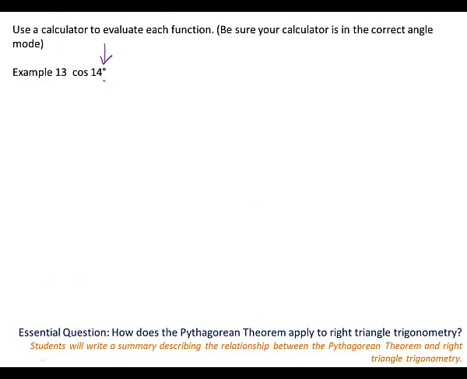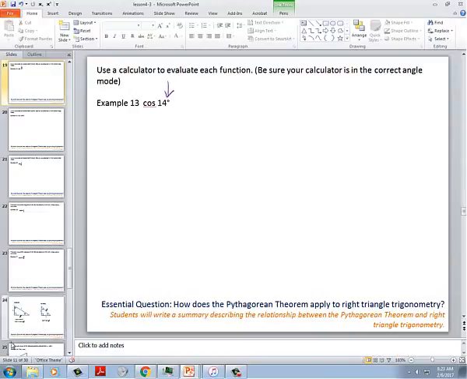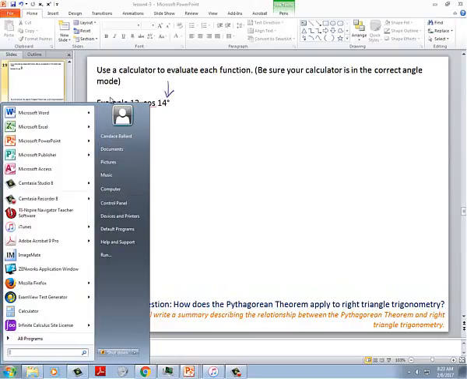Hit the home button, the settings, right? Dock settings, make sure the angle says degree, hit make default, and hit OK. Then go to your scratch pad and find 14 degrees. Let me see if I can get the calculator going so we can review a little bit.